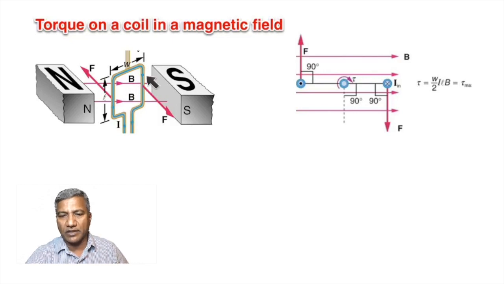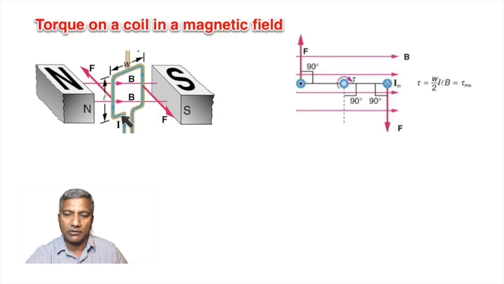Because if you look at the length of the coil here, you will see, this is the length of the coil. You will see that the force acts in one direction on one side because the current is flowing down through that side, while the force acts in the opposite direction here because the current is flowing up in that side.